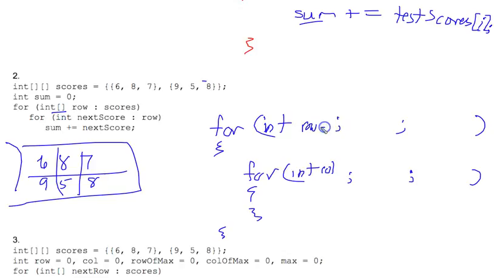So row equals 0, that's the loop variable that's taking you from this 0 to this 1, and column equals 0, that's the variable that's going to be iterating from 0 to 1 to 2 through your 3 columns. And of course you'd have row plus plus here, and you would have column plus plus here, and that's just good normal conventional style.